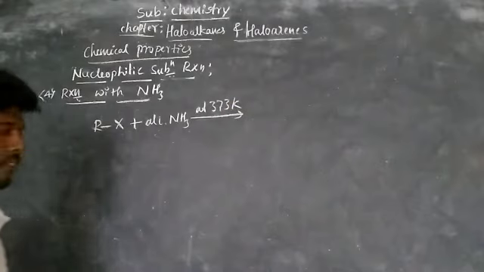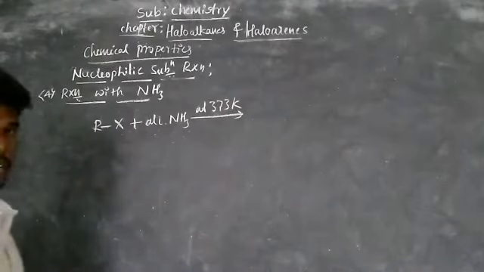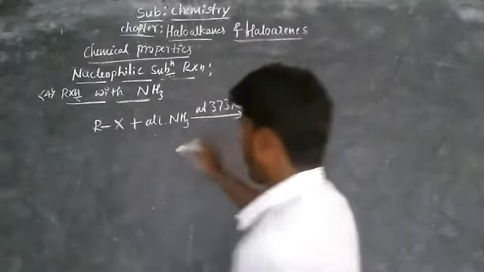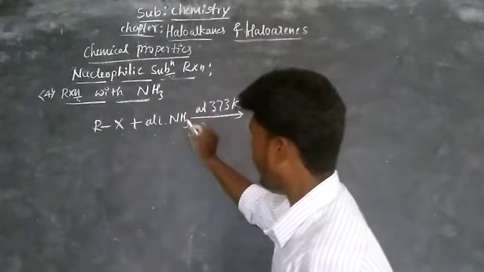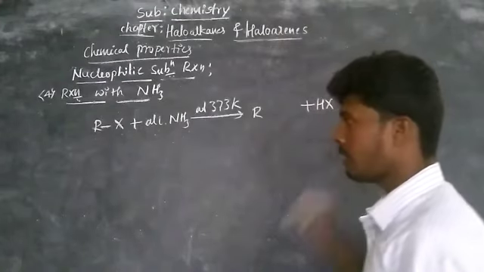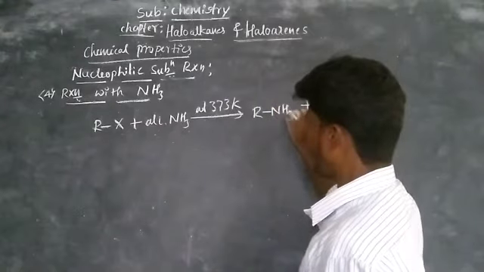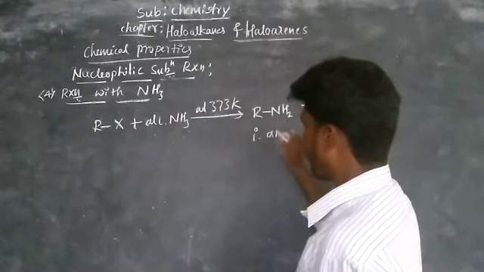At 373 Kelvin, the alkyl halide reacts with alcoholic ammonia to get a primary amine: one hydrogen and one X become HX, and the remaining is R-NH2. So this is called a primary amine.